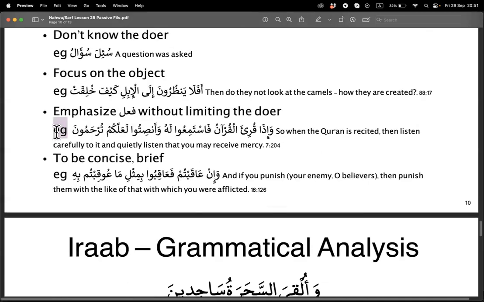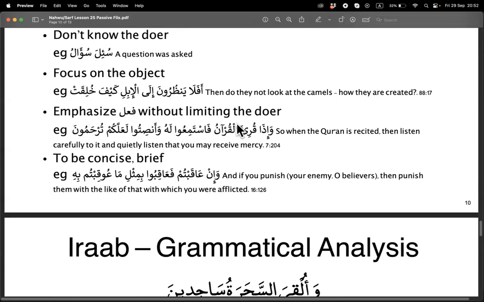So where is our fi'il majhul here? This one we got, kuri'a is majhul. Fastami'u is amr. Wa ansitu. Yes, okay, correct. This is our majhul, and al-Qur'anu is our naibul fa'il.